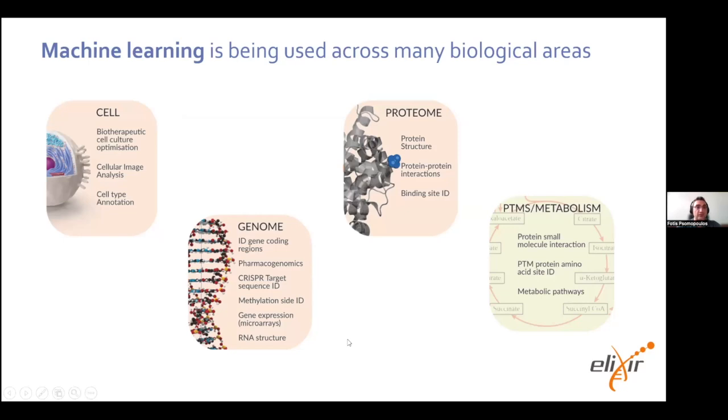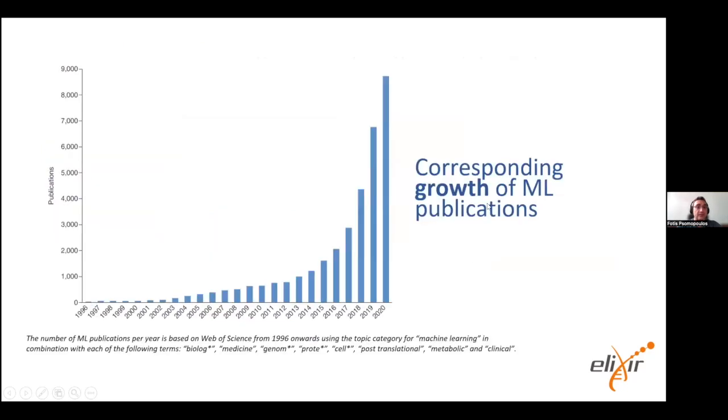There are some aspects of machine learning being used one way or another. And this is easily identified if we do a quick analysis of the corresponding publications that refer to machine learning. As you can see, we have an exponential increase of publications that mention machine learning.